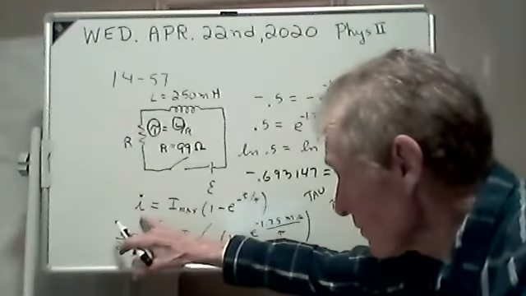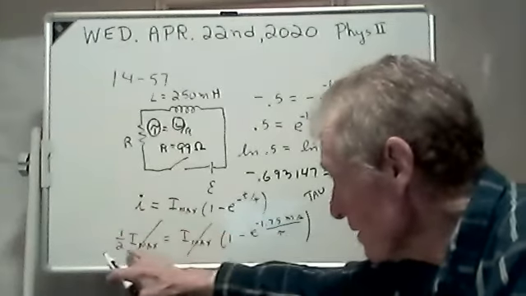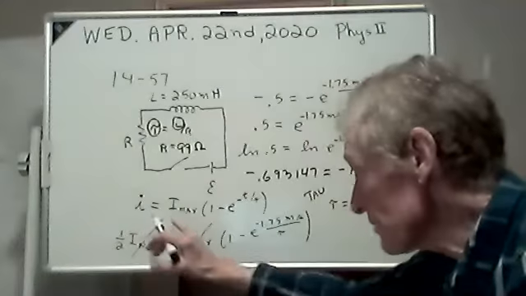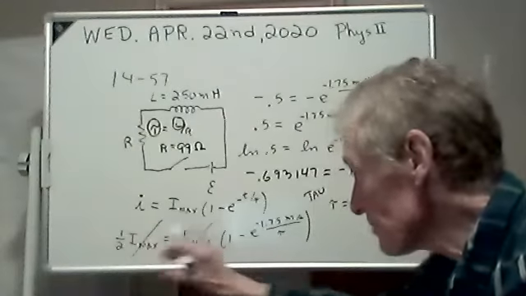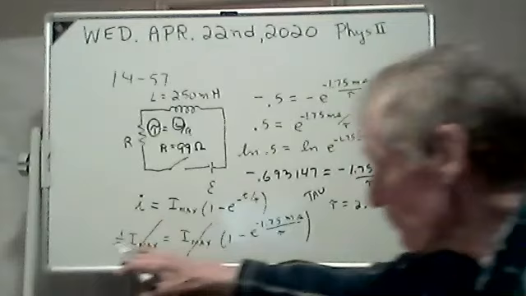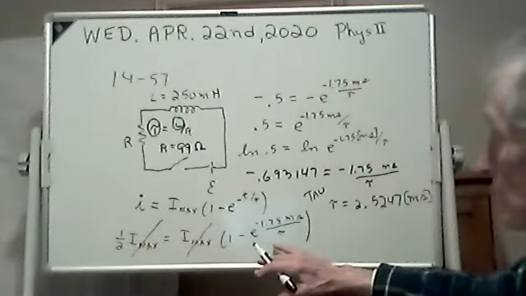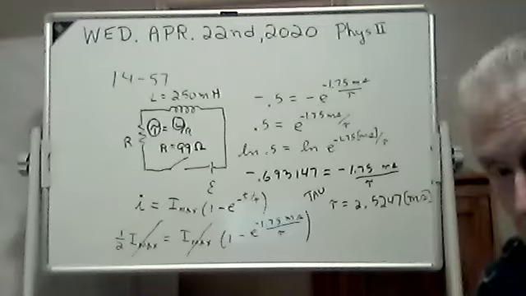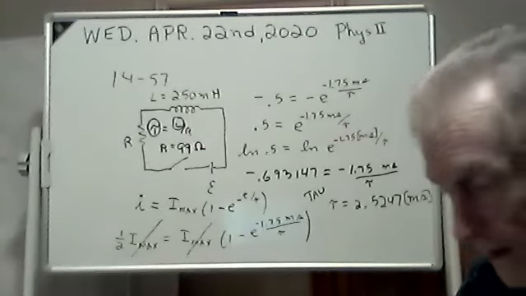And if the current is half of the maximum, put it in there. It's 1/2 of, and look, you can just lop off that from algebra. So you get 0.5 equals this. There, that's where I jumped up to here. You okay now? Yep, that makes sense. Yay.